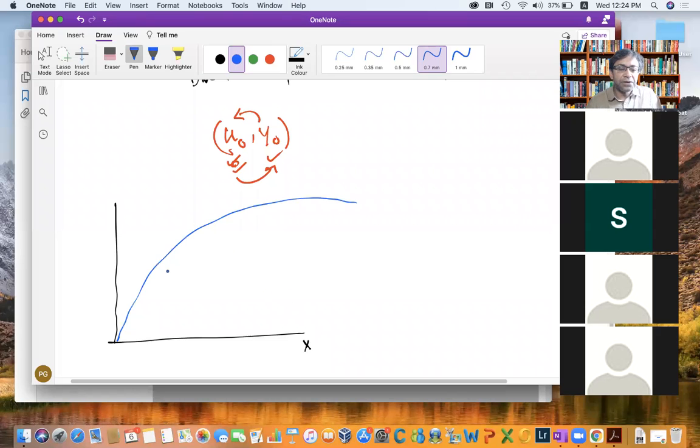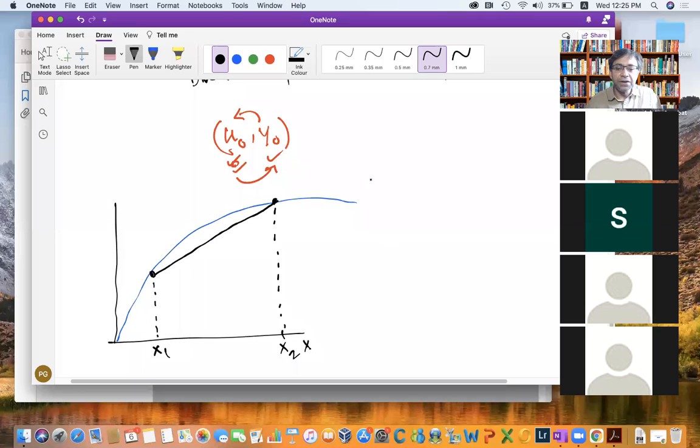What is the standout feature of a concave function? It's that if you take two points, x1, x2, look at the relevant points on the graph, and if you join a straight line, that straight line will lie entirely below the function.